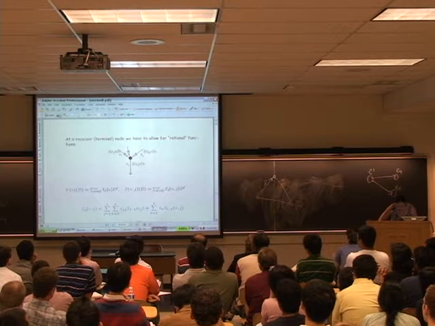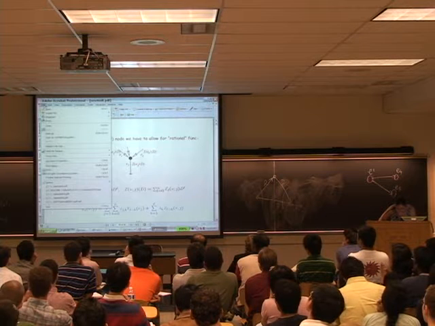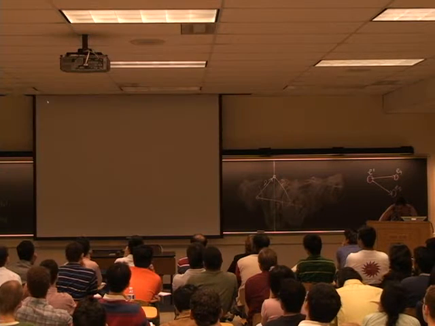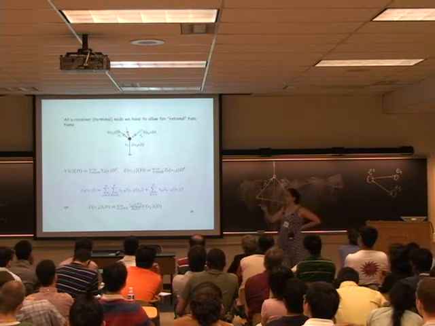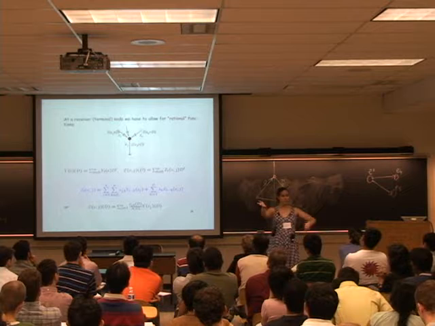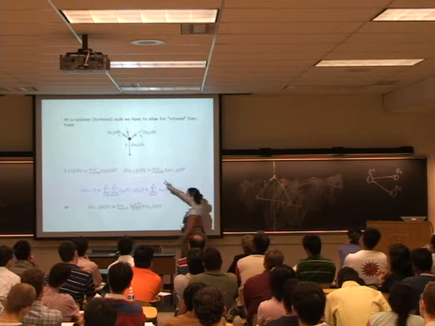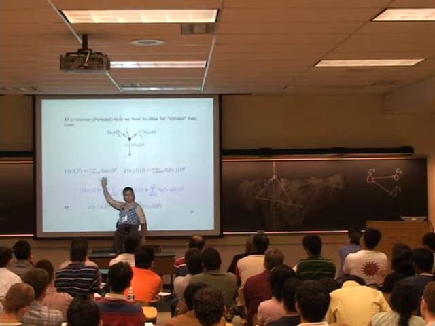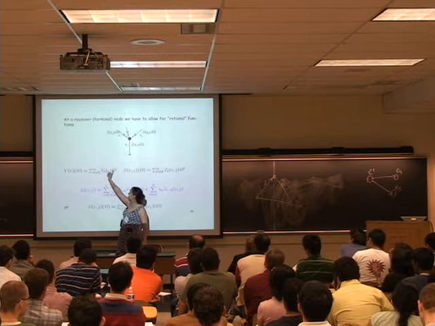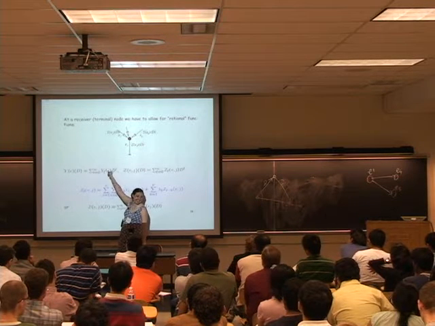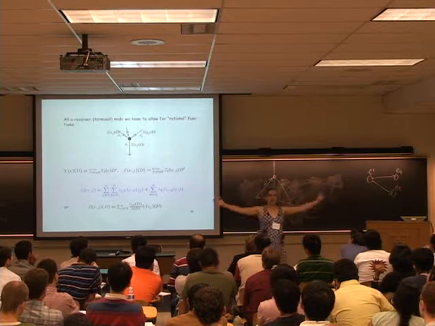So the receiver terminal has to allow for rational functions. Which means that the y, remember, is an infinite sequence of y's with this D. The D is just a way to represent a long vector.